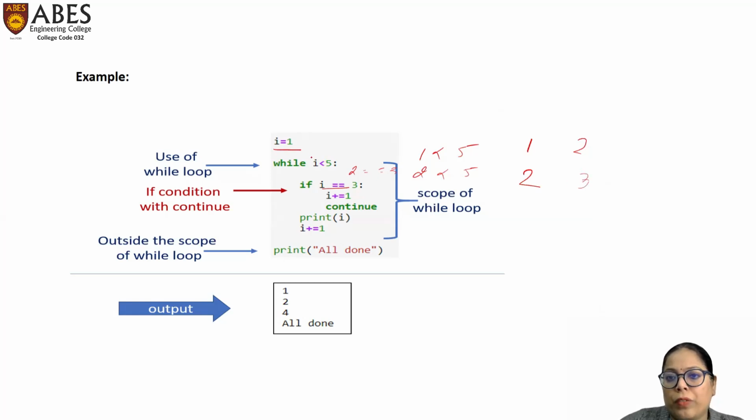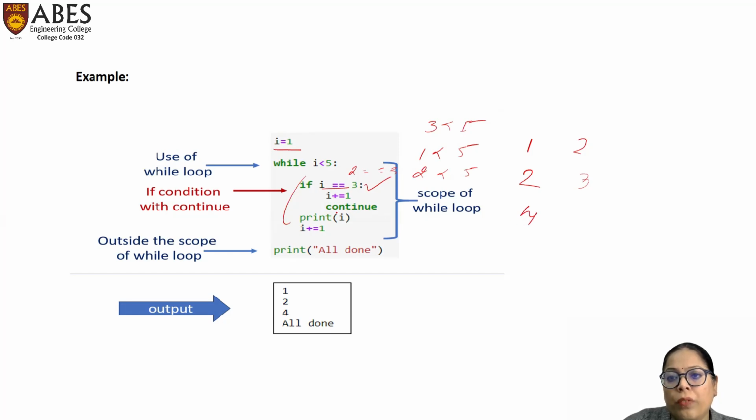Now it goes again there, checks for 3 less than 5. So 3 less than 5, yes, this is true. So it goes inside. If I equals to 3, yes, this is true. So now here it is increased by 1. The value of I was 3, which is now increased by 1. So it becomes 4 now.